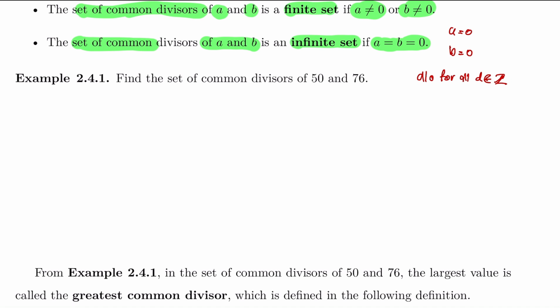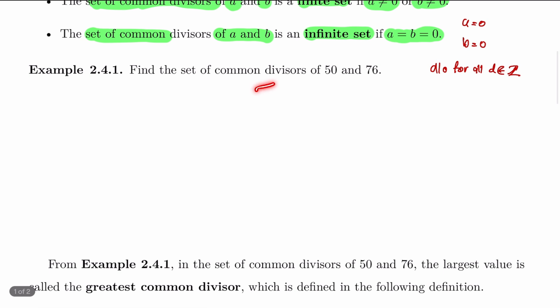Now let's try to find the common divisors of 50 and 76. So we might start with the set A, which is the set of all divisors of 50.